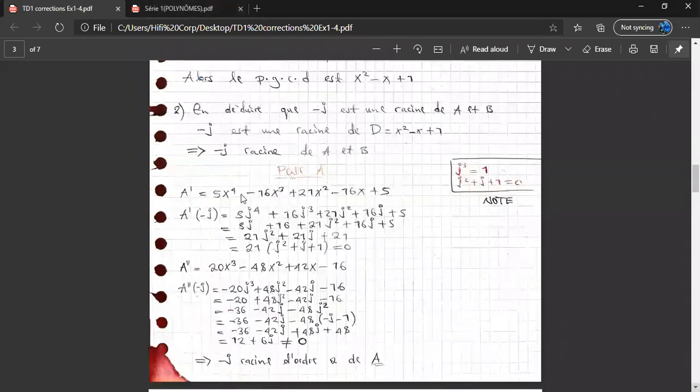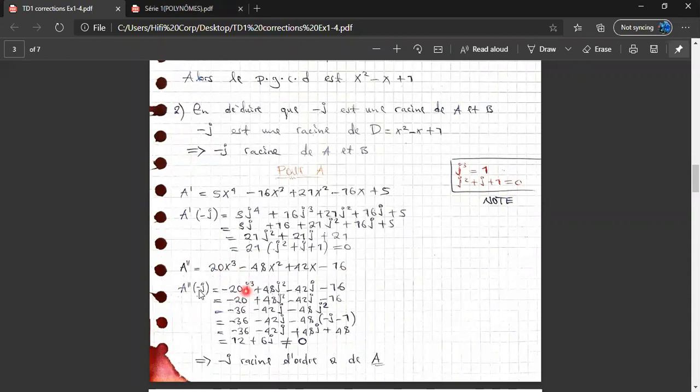And then we differentiate this once more. So it will give us 20x to the power 3 minus 48x to the power 2 plus 42x minus 16. And then we put our negative j. When we put it here, the power here is not even. So what do we have here?